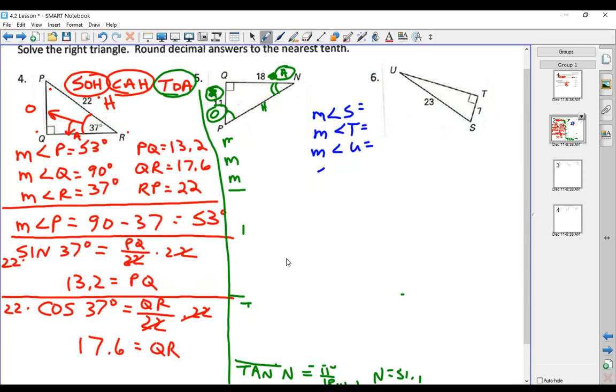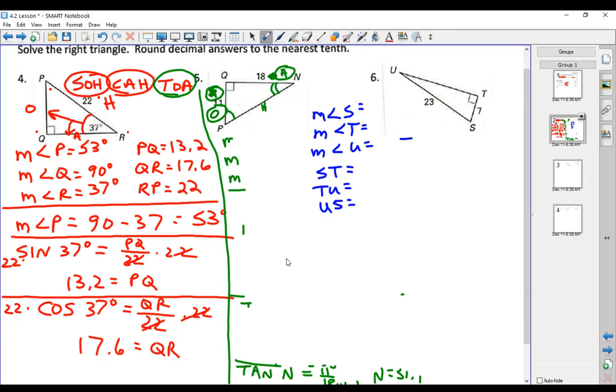We have side ST, we have side TU, and we have side US. All right, now once again, just like on this last problem, I've got two sides of the triangle and none of the acute angles. So let's go ahead and find the other side by using the Pythagorean theorem. UT is one of the legs, and TS is the other leg, and US is the hypotenuse.